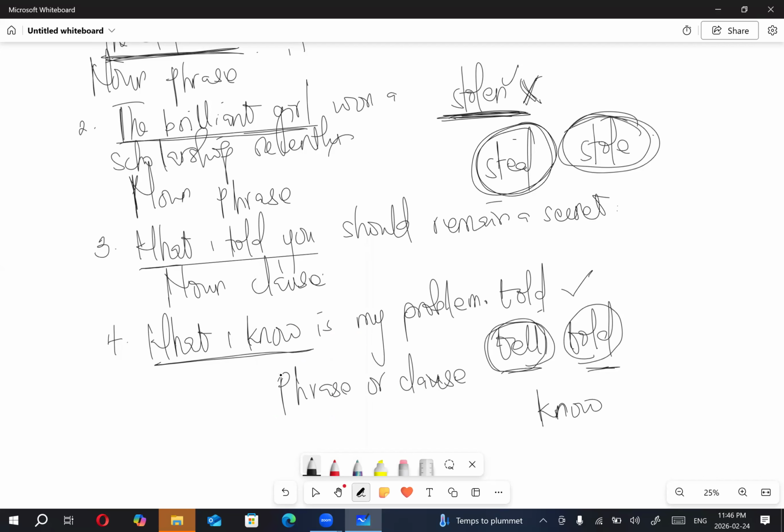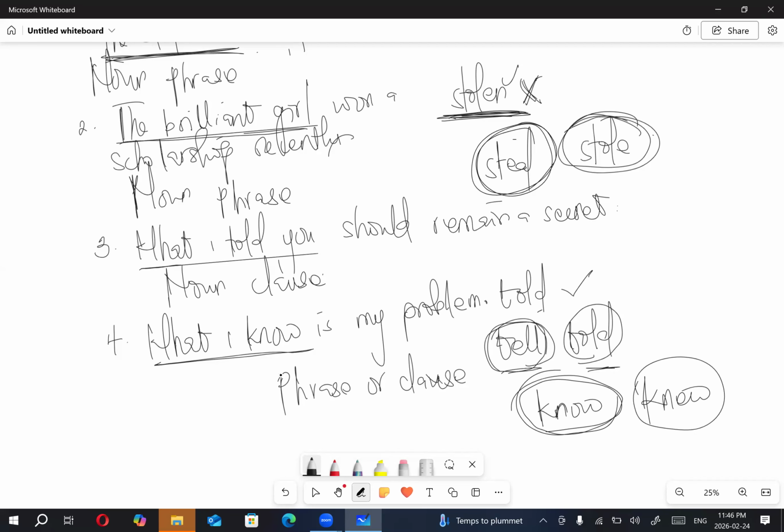You must know. Okay, know is a verb, and in itself it is in the present tense. The past tense is knew, right? But it's in the present tense, so it's a finite verb.